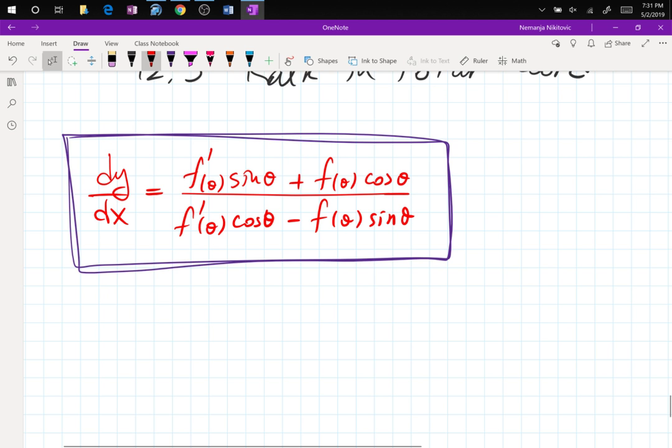Now, the one that you actually need to know is integration, because the integral now is given, right?